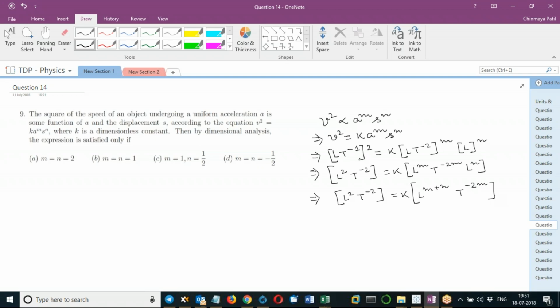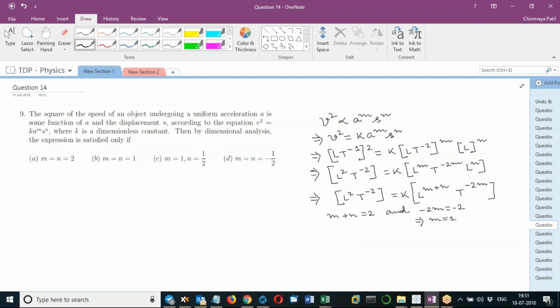We can write that L square should be equal to L power m plus n. So from the laws of indices, we can write m plus n is equal to 2, and minus 2m is equal to minus 2. Minus 2m equal to minus 2 gives us m is equal to 1.